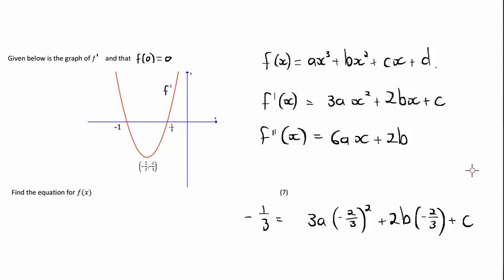The gradient formula, m equals y2 minus y1 over x2 minus x1. We just substituted. No, we only use that with straight lines. Yeah, that's why I said that didn't work.